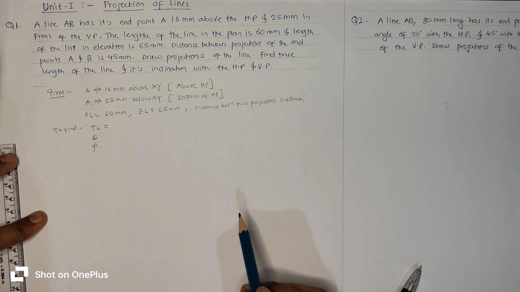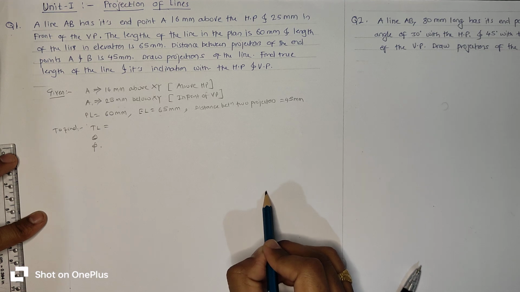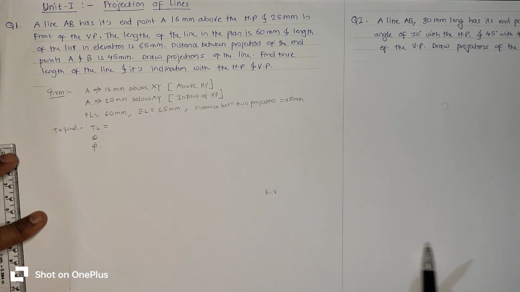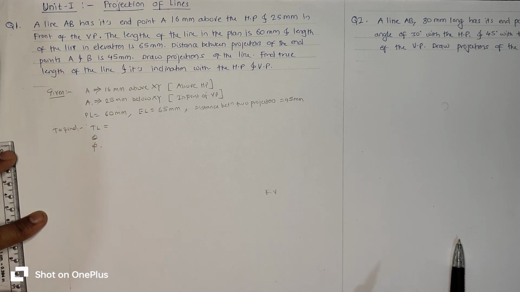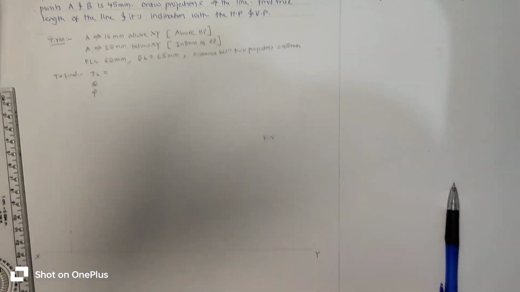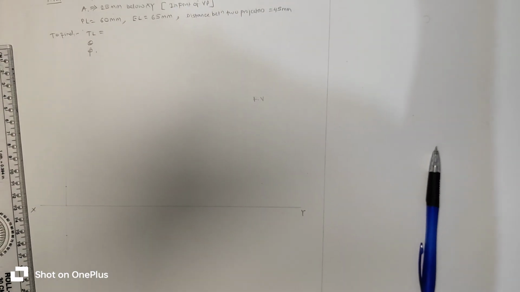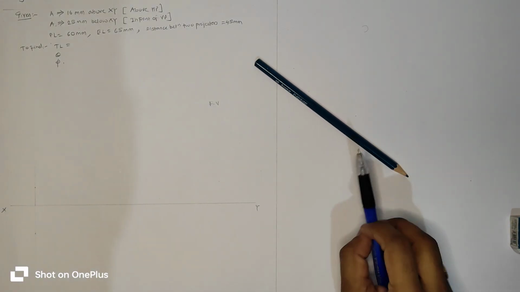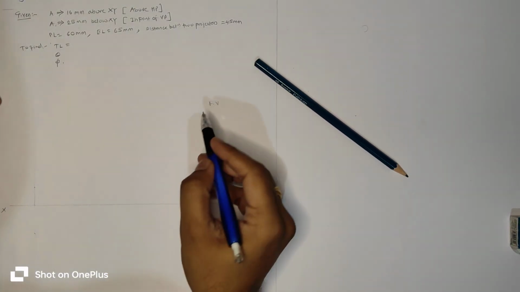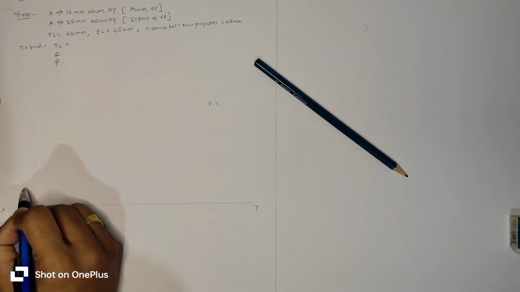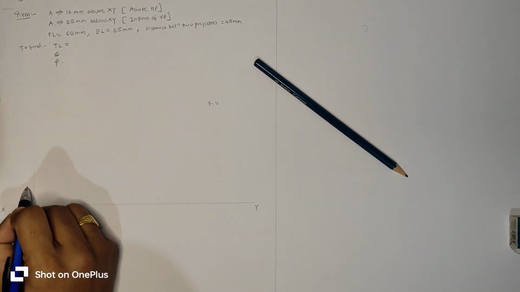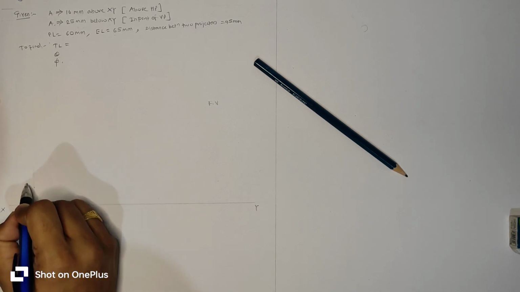Above the XY line, this area is for front view as per the first angle method, and below the XY line, this area is for top view. So we will mark a point of front view as small letter and dash.